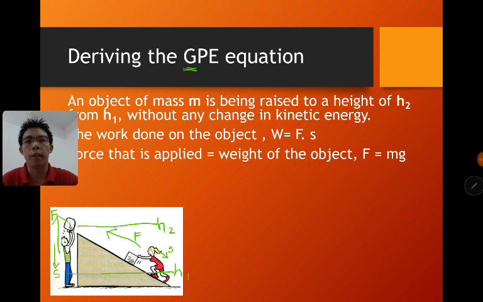I think I explained this in the previous case of the forklift. If you are not accelerating it, then your force upward must be at least equal to the force downward, and therefore F equals mg, which equals the weight.